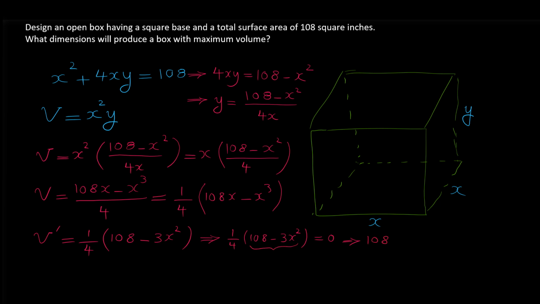So 108 minus 3x squared equals 0. If we move 108 to the other side of the equation, we have negative 108.